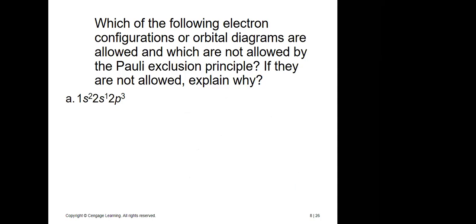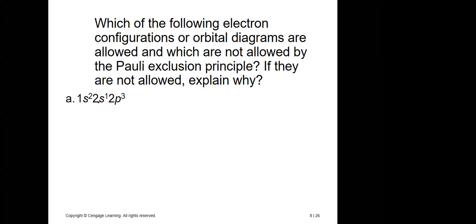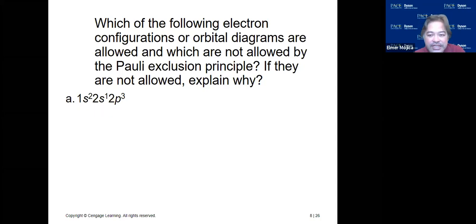No. You might say this one should be filled up with 2 first instead of moving it to 3, right? Yes. But this can be allowed if you have an excited state.